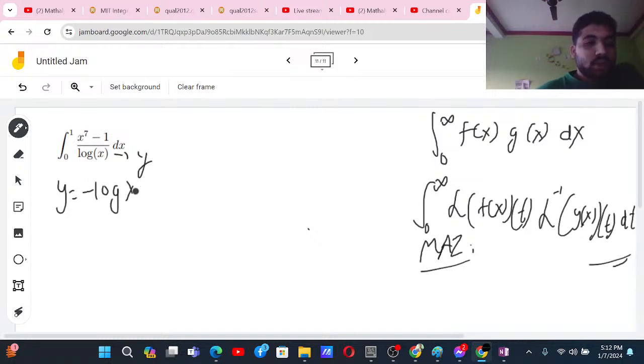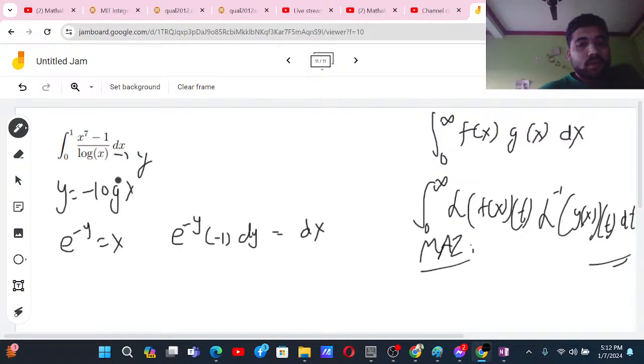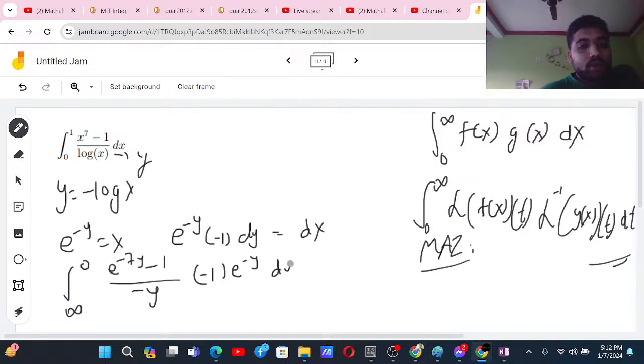Minus log x. So we will have e to the power minus y equals x, e to the power minus y times minus 1 dy equals dx, and that gives us the integral from infinity to 0. This will be e to the power minus 7y minus 1 by minus y times minus 1 e to the power minus y dy.